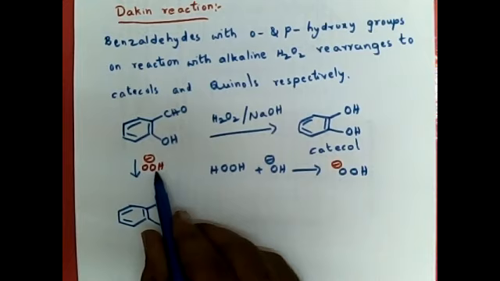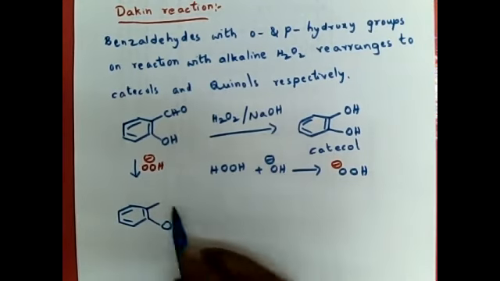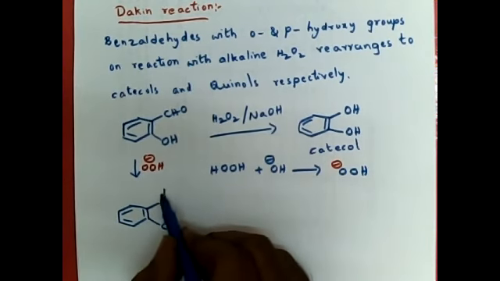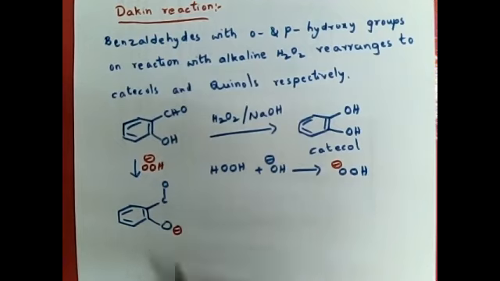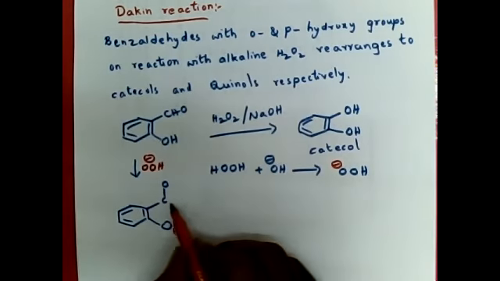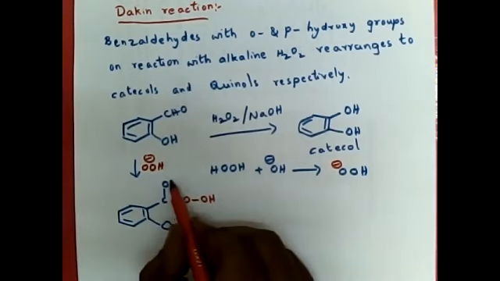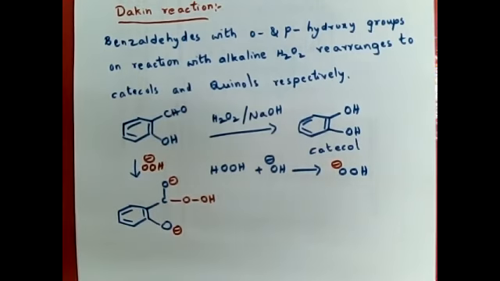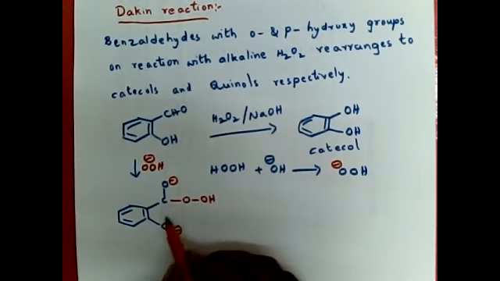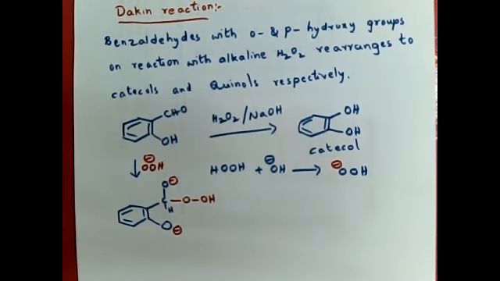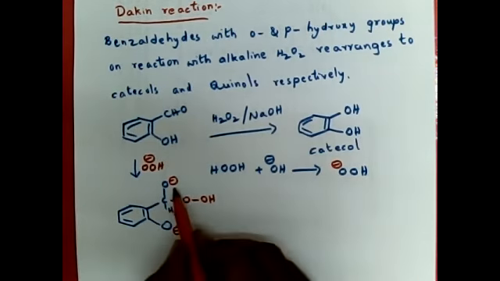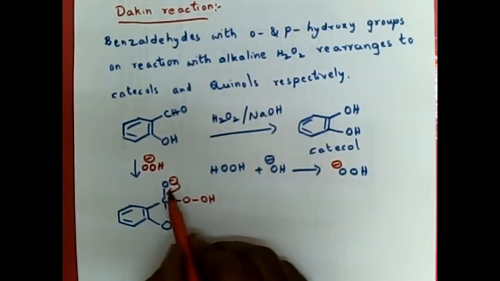Then this peroxide anion generated from hydrogen peroxide now will add to the carbonyl carbon. So C double bond O will break down to give this O minus. Of course, we have one more hydrogen here. But C double bond O will again generate, so the negative charge on oxide ion will be polarized towards the carbon, so that the carbonyl group will be generated again.